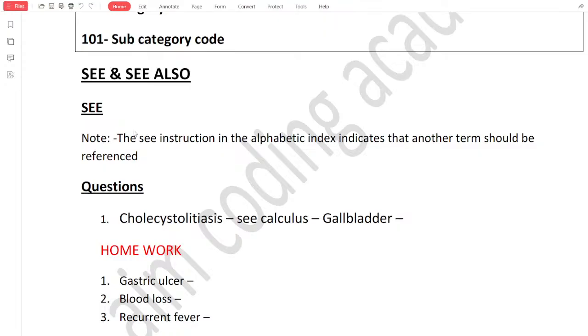For example, cholecystolithiasis, C calculus, gallbladder. They have mentioned it in your textbook. So you take cholecystolithiasis, take the code. You have to see C calculus and also gallbladder.